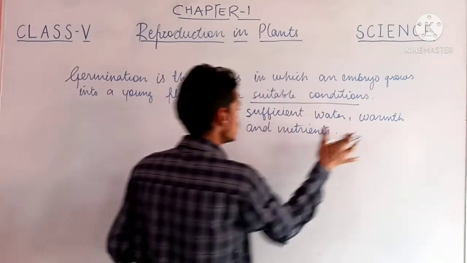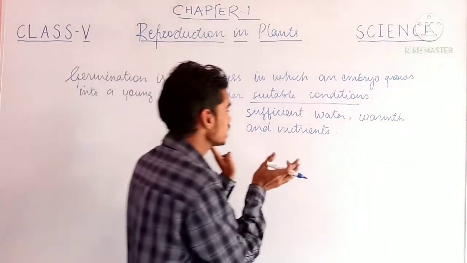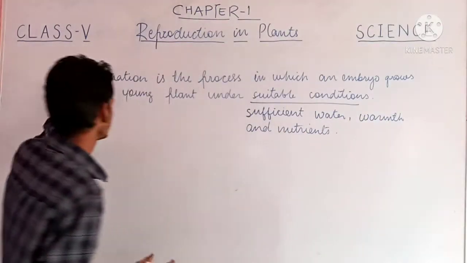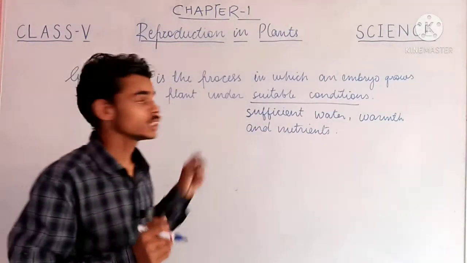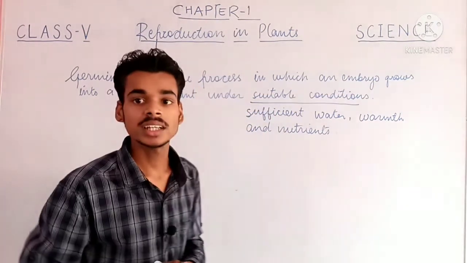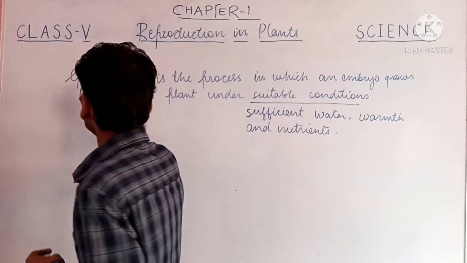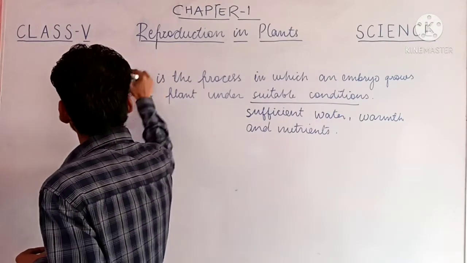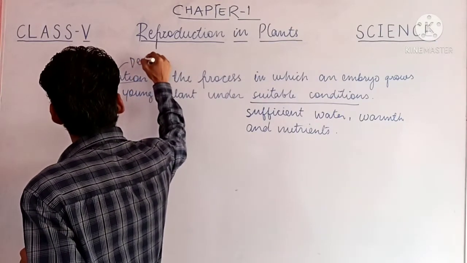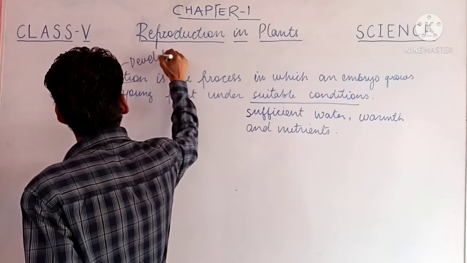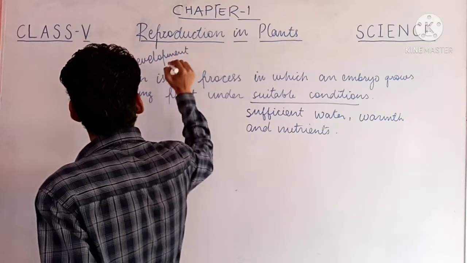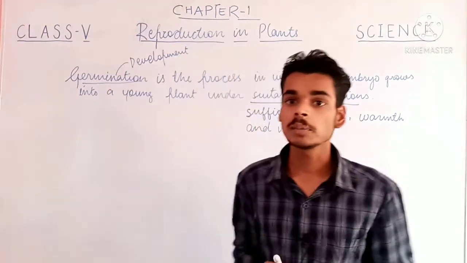These are the essential conditions required for the germination of an embryo into a young plant. The word germination means development, development of an embryo into young plants.